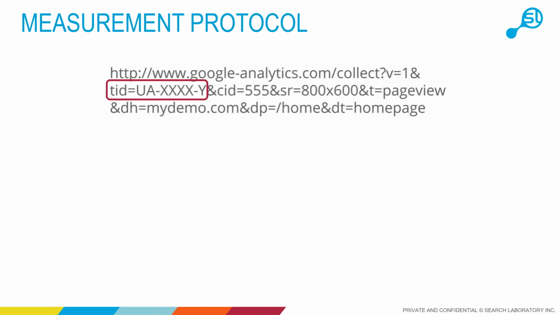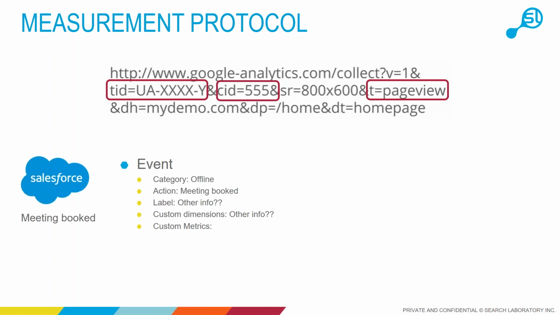This is something that's on every page of your website, and it's the account that we're pushing data to. This is another example. The CID stands for Client ID, and this is an identifier that identifies the person. I'll be talking more about that shortly. And then this final piece here is just the type of hit we're sending. In this example, a page view, but it could be an event or transaction or any other type of hit.